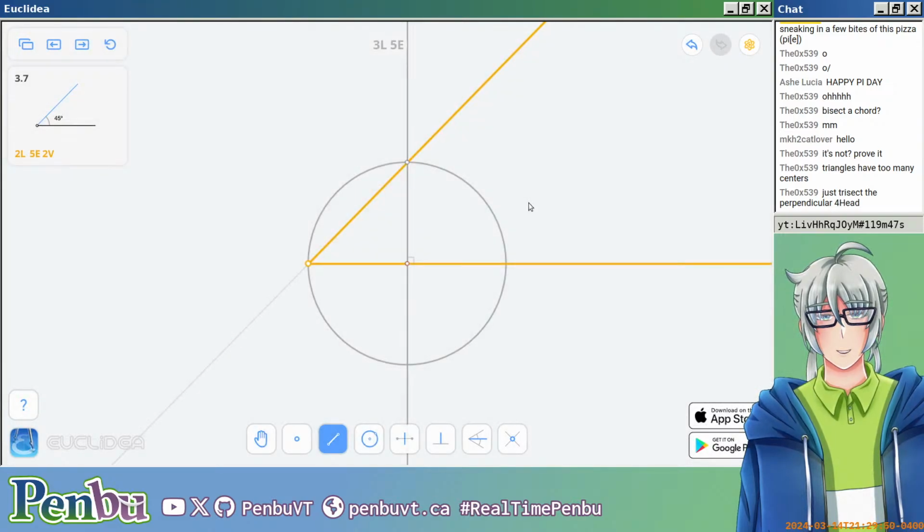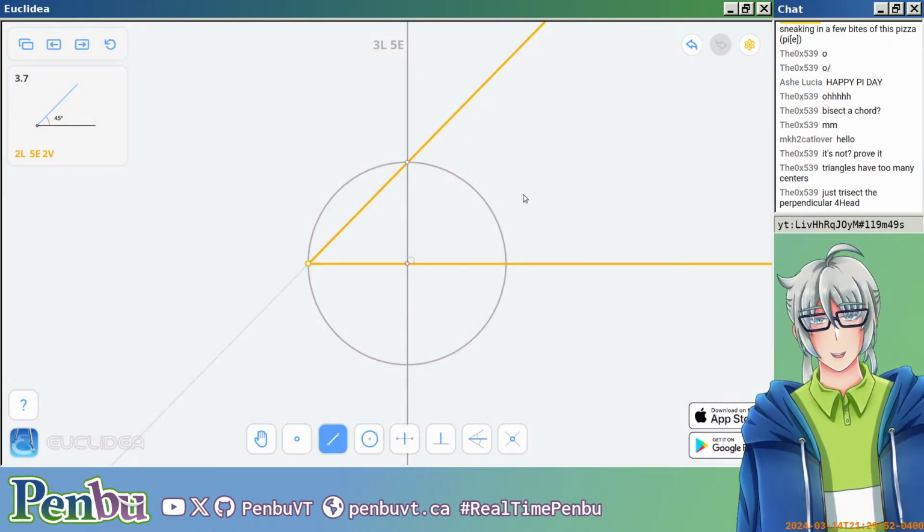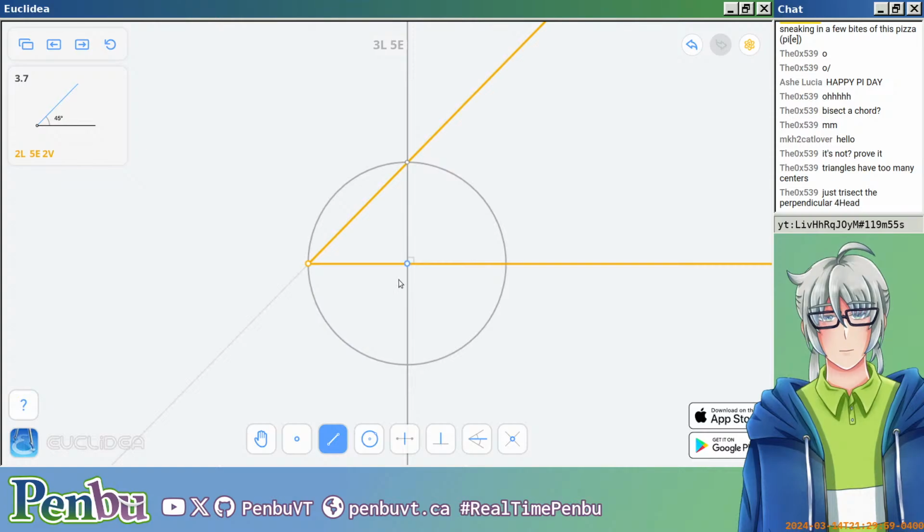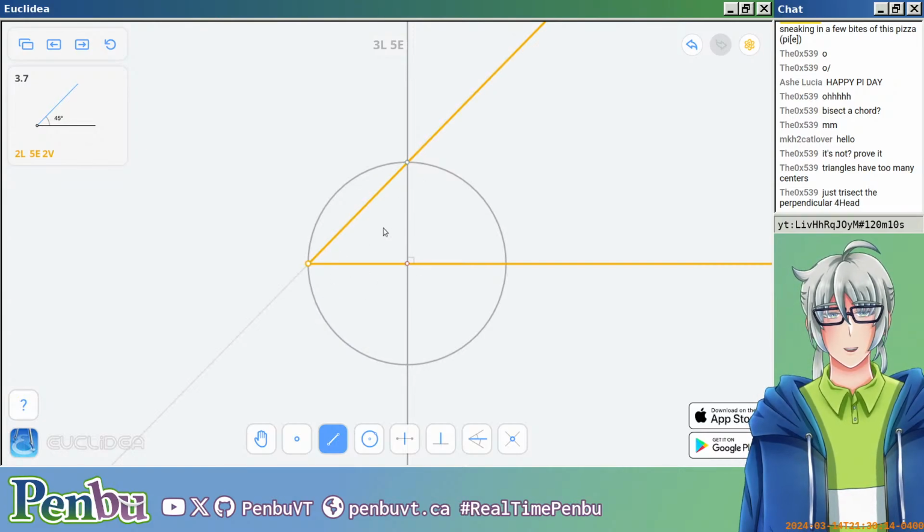What do we do here? Okay, sure. So we drew a circle that intersects this point at its circumference, which means that this is 45 degrees because why?